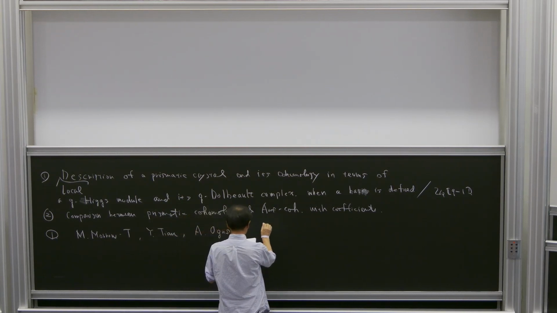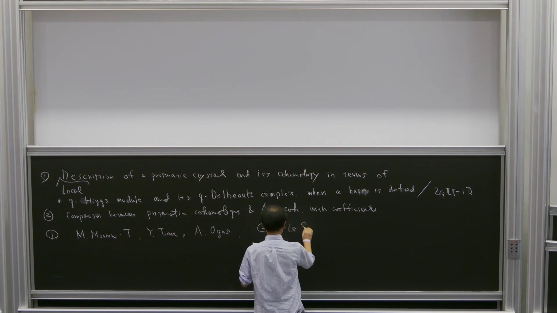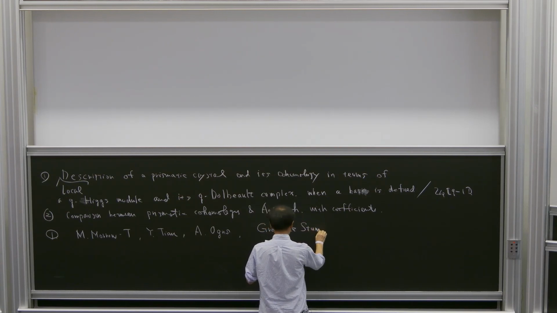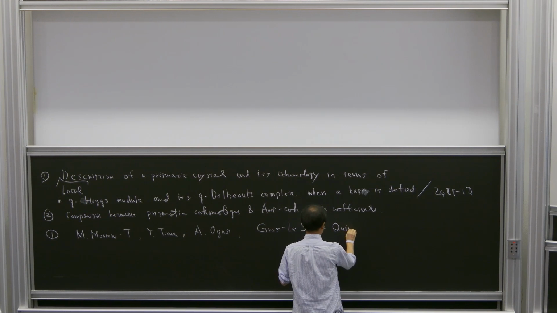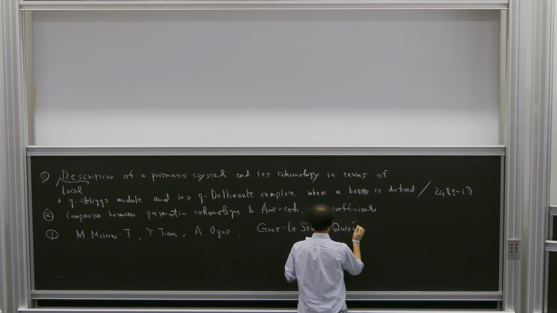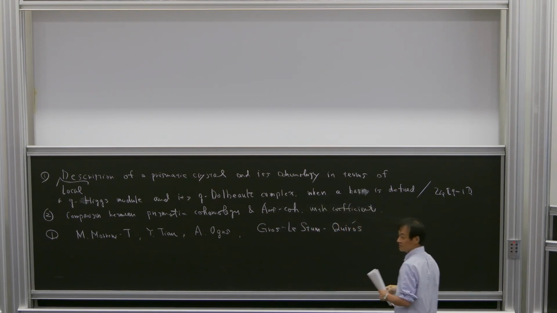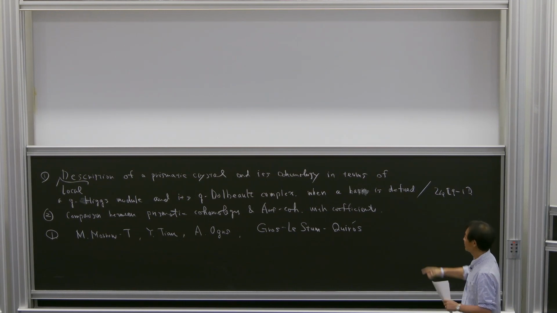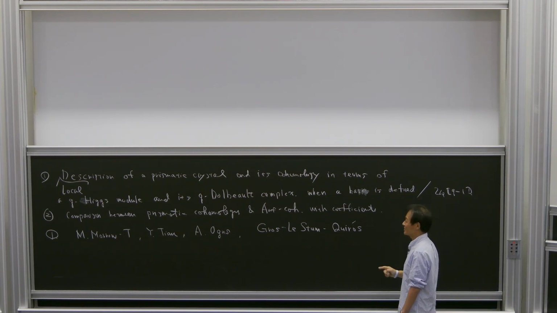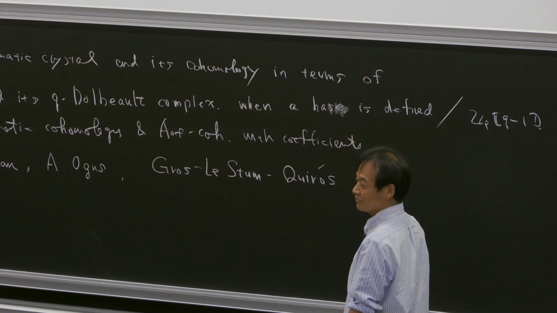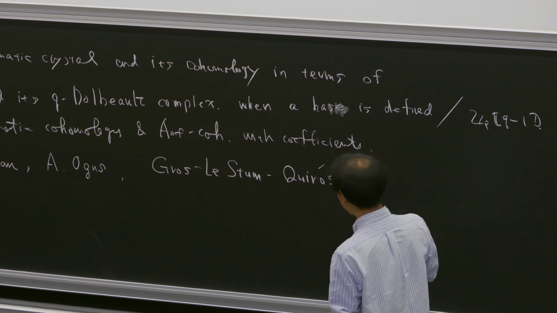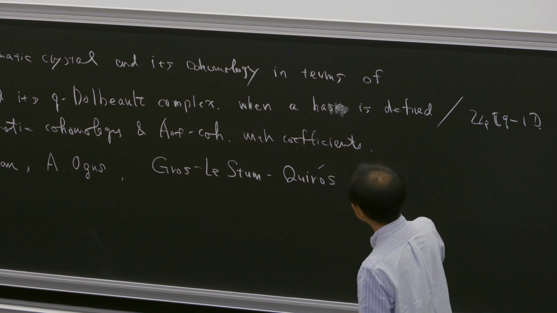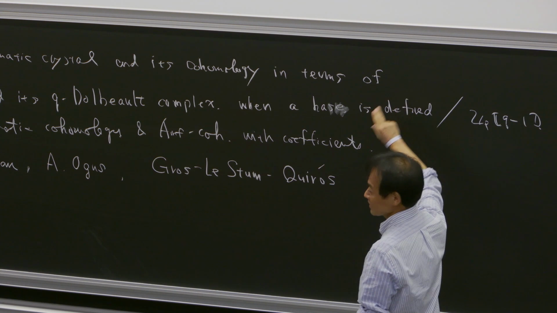And recently Groh, Lustum, and Hiros released new preprints on the same topics actually, and they say that they assume the variety is one-dimensional for simplicity, but I think they have the same results on this.